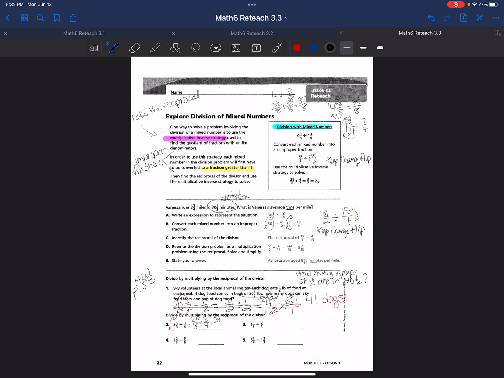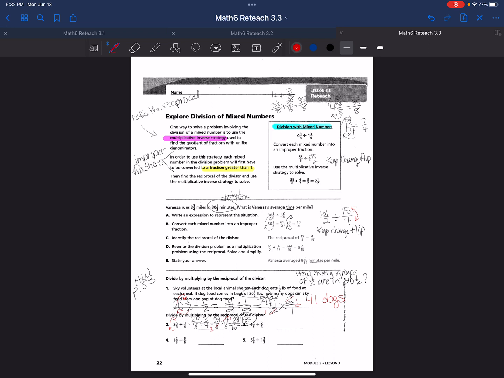Then do keep, change, flip. And then I think it's easier to find factors here. So 4 goes into 4 one time, 4 into 8 twice. And that's 29 times 1 is 29. 8 times 2 is 16. So your answer is 4 5/6 for that first one.